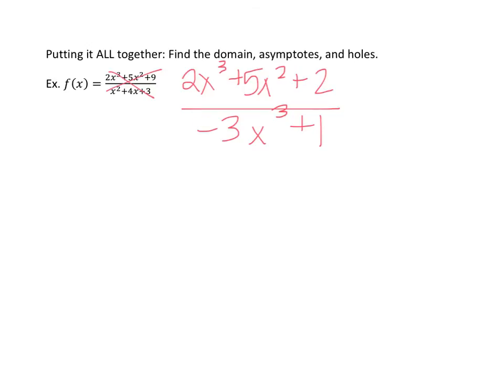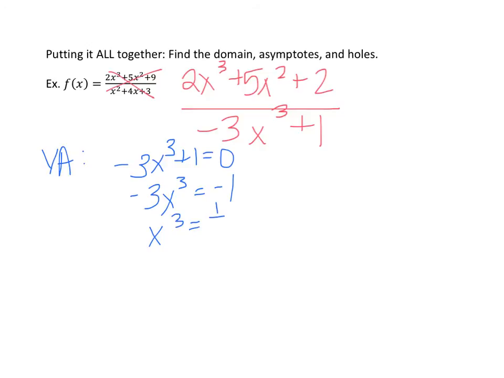We do need to find our vertical asymptotes by setting my denominator equal to 0. Negative 3x cubed equals negative 1. x cubed equals positive 1/3. x equals, how do you get rid of a square? You square root. So when you get rid of a cube, you cube root 1/3.